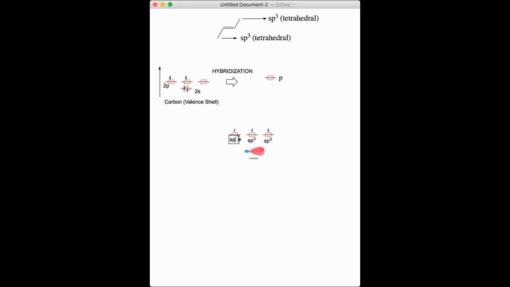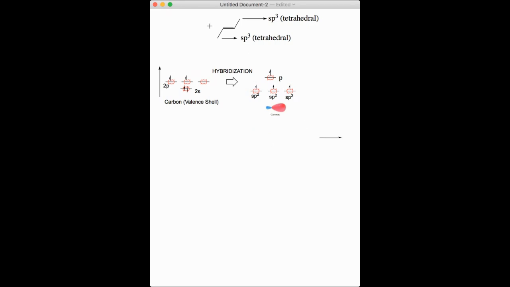These 3 orbitals will be called sp2. And then obviously there will be 1 electron for the pi bond.